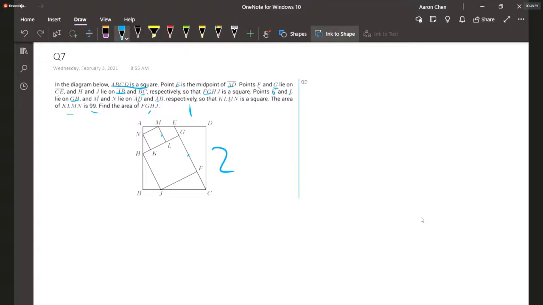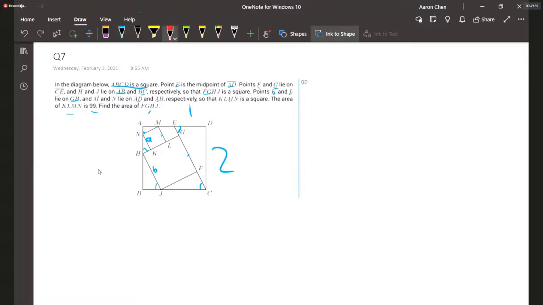Another thing we can note is that this angle is equal to this angle, is equal to this angle, is equal to this one. So all of those right triangles have the ratio 1 to 2 to root 5. That's the ratio of their side lengths. Then we can let the side lengths of these squares be a and b.